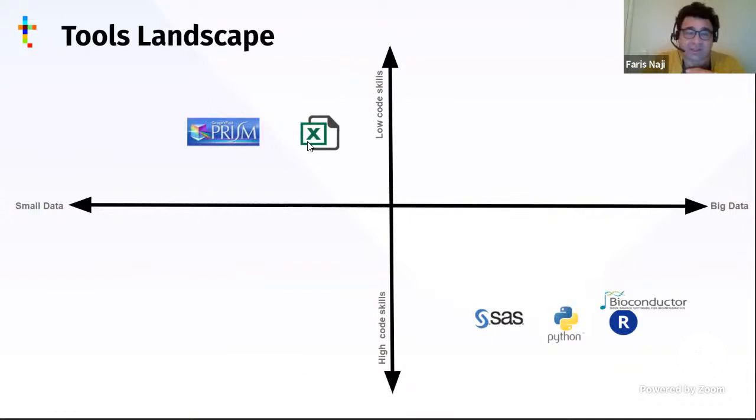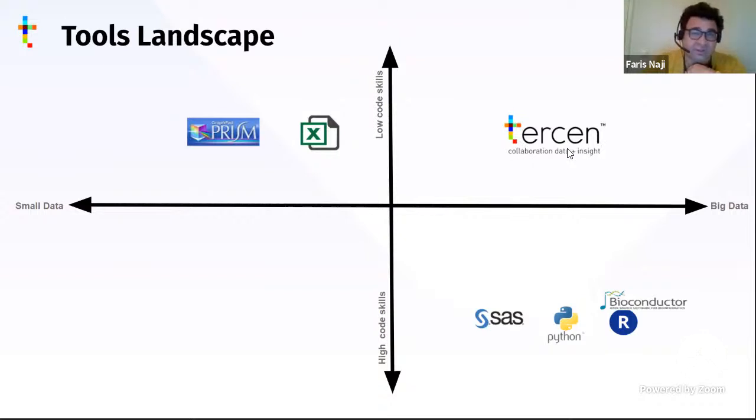Prism and Excel is what the biologist or the non-coder is using at the moment, and it's very flexible, and it doesn't need much coding skill, and it can handle small to middle size data. And then on the bottom, which is the high flexibility and the high performance, is R or the Bioconductor packages, Python, SAS. And there's nothing in this area, which is where we started the company.